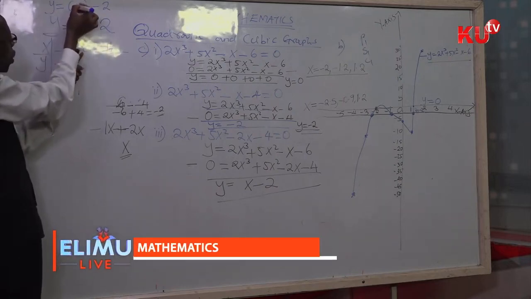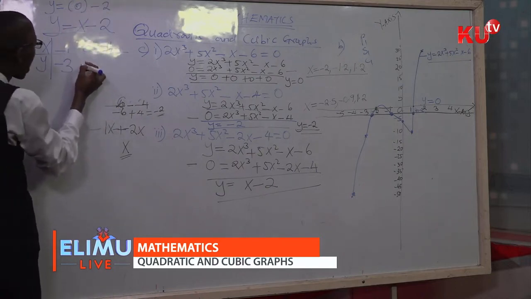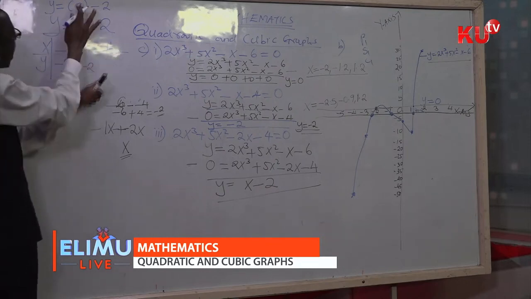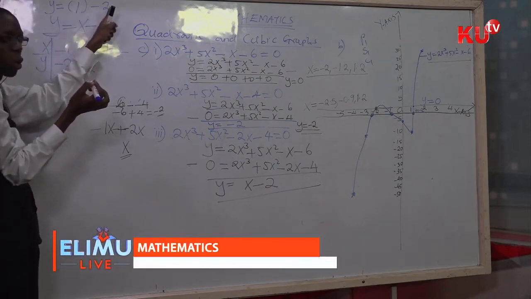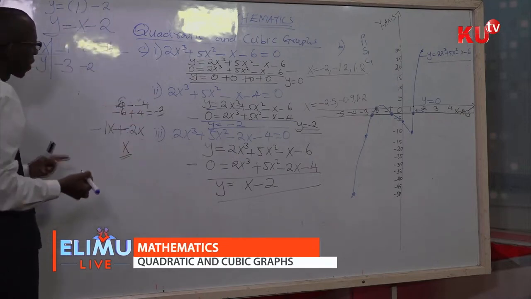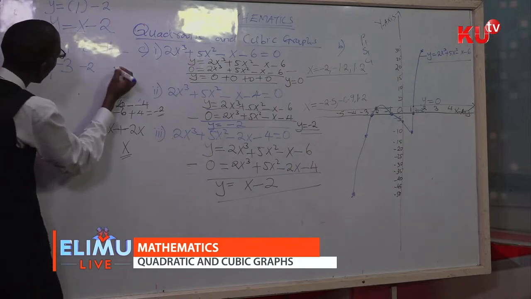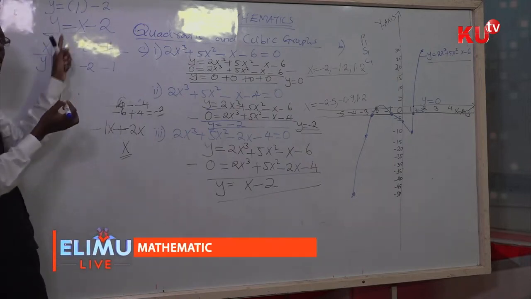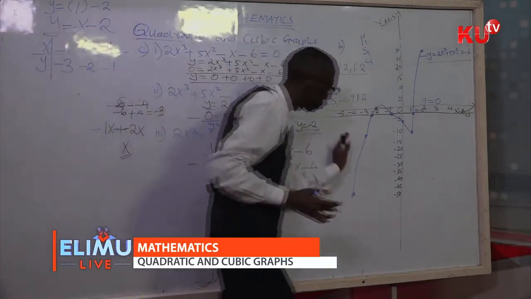I hope you have understood. When x is 0, y is 0 minus 2, which is -2. When x is 1, y will be 1 minus 2, which is -1.